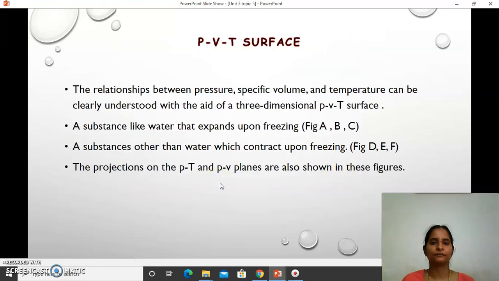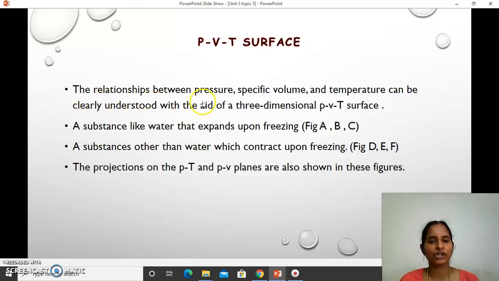Now the PVT surface, this is the 3D view. Now we have entered into the 3D form of the same PV diagram and PT diagram. This is the combination of both types of coordinates which we have discussed till now.